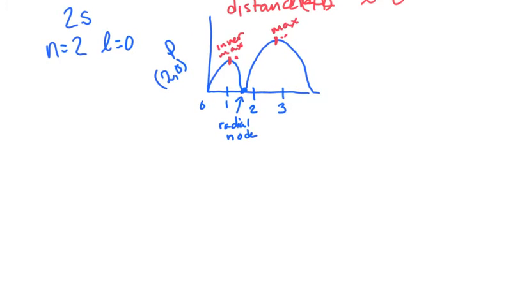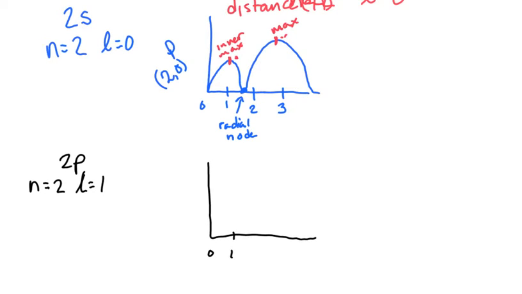I'm going to move this up just a little bit. What we see is that when we do the 2p orbital, when n equals 2, l equals 1, we see something a little bit different. We have our 0, 1, 2, 3 again, but we just get this.